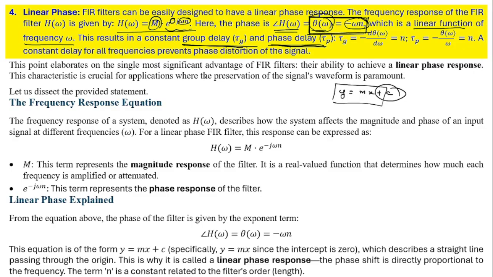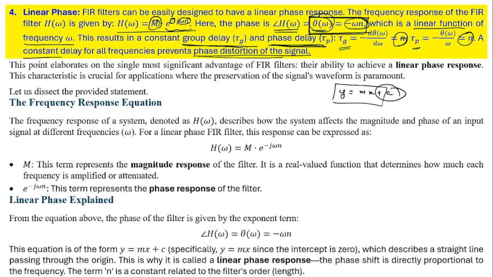In either case, there is a constant delay for all frequencies, which prevents phase distortion. If you see τg, then τp, which is the phase delay, is also n.